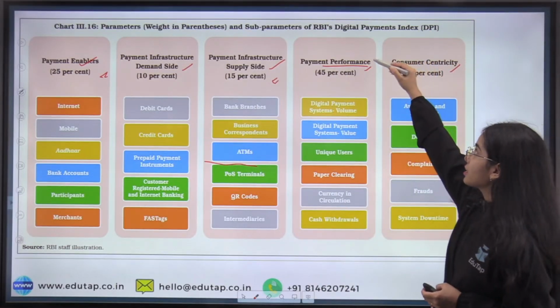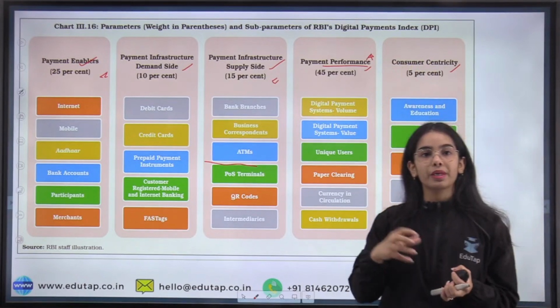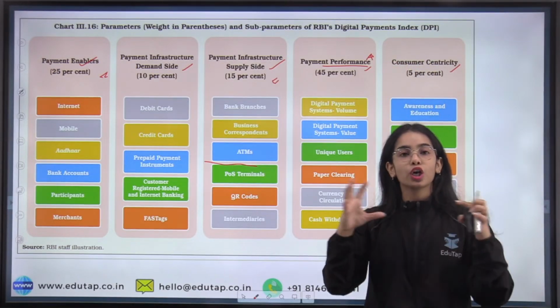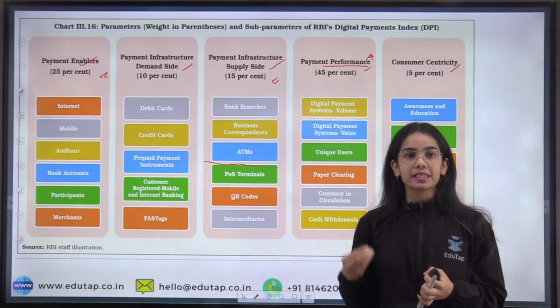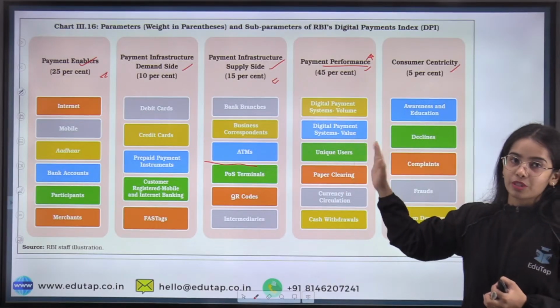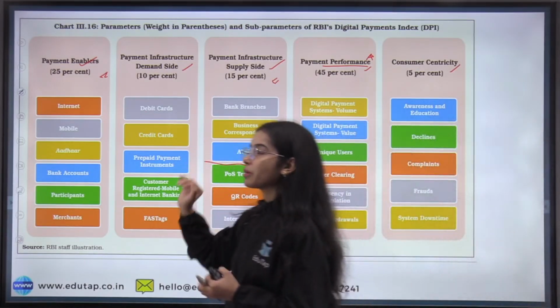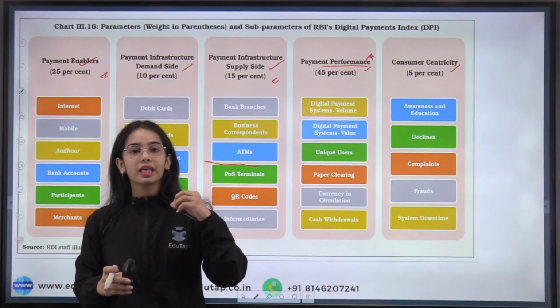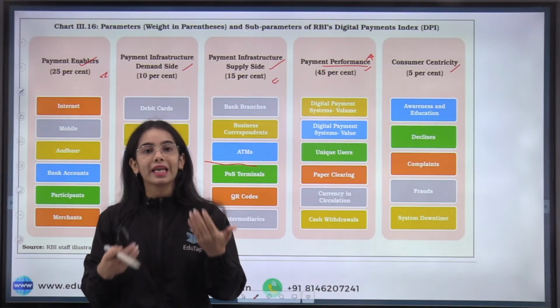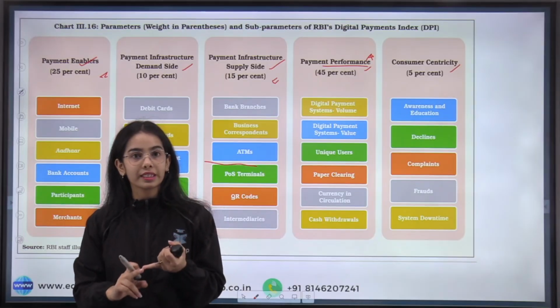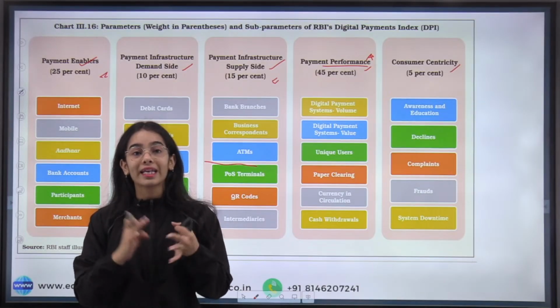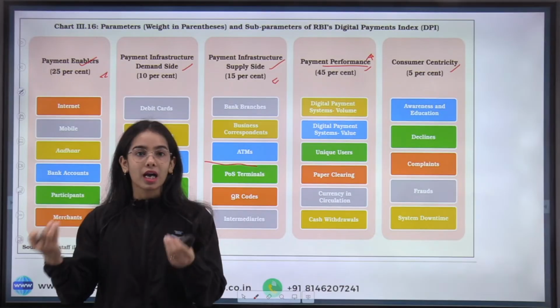The highest weightage is given to payment performance, that is 45% of the total weight in the Digital Payment Index. Now, what is a payment enabler? Payment enablers are the tools through which we can enable payments. We require the internet, or a mobile phone, or at least a bank account.